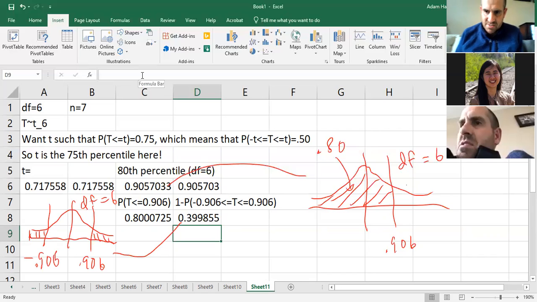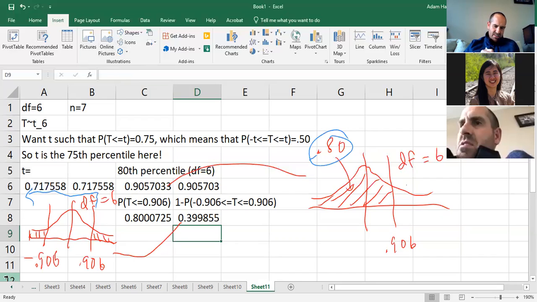What's the answer to that question, Rachel? So if I have 0.906, what percentage goes to the left of 0.906 based on what we've already seen? Well, no, it's 80%, right? Okay, yeah. And what percentage would there be up here in the upper tail?